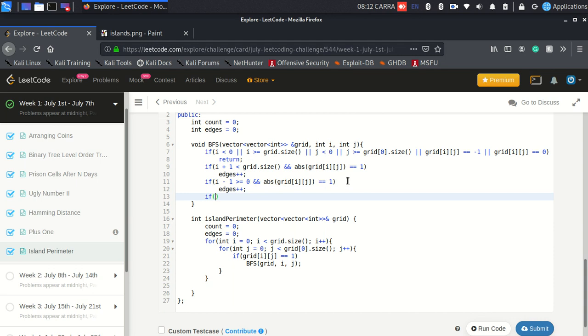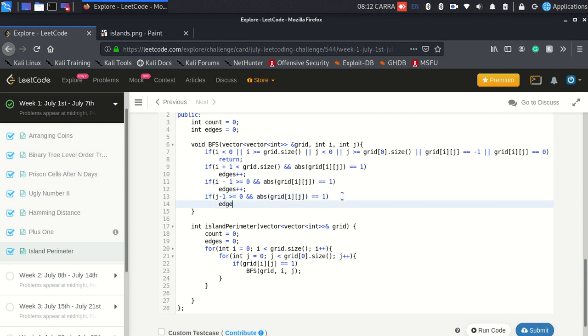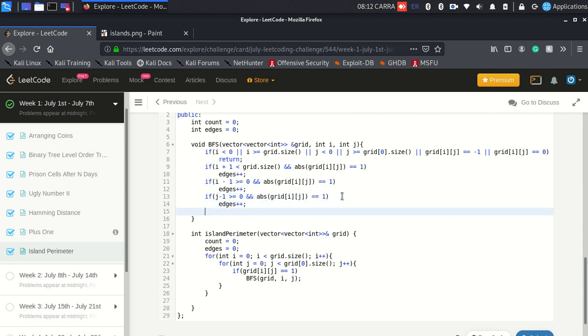I plus 1 and I minus 1 basically check the down and up side. I'll check the left side, so that would be j minus 1, and to be in the limit it has to be greater than or equal to 0, and the grid cell has to be equal to 1, so that I can do edges plus plus.